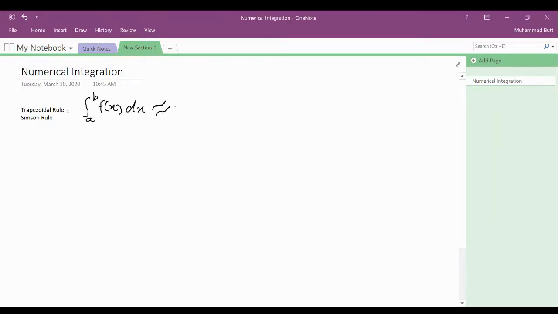In the last lecture I explained in detail how the formula was made using the first-degree linear Lagrange polynomial, and the formula was h over 2 times f of a plus f of b.